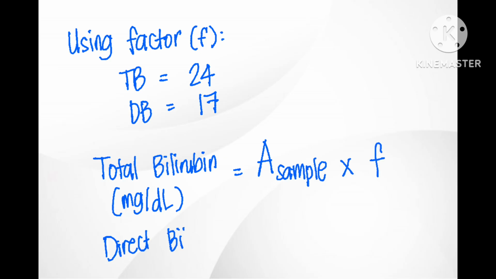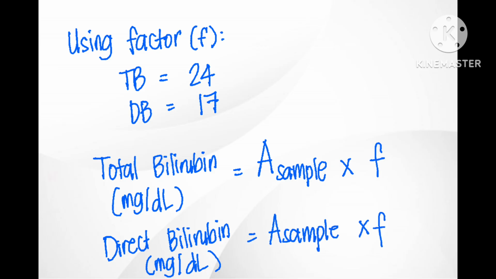So that is how we will be computing the bilirubin values for today. Just substitute the absorbance of your sample and the number given for the factor, and that is already your total bilirubin and or direct bilirubin value.